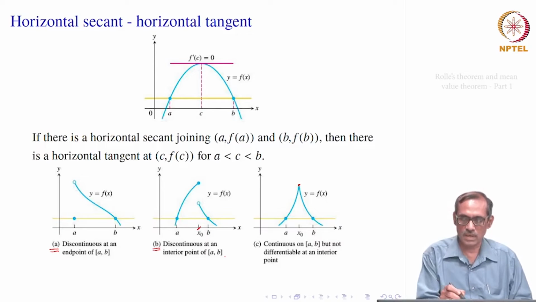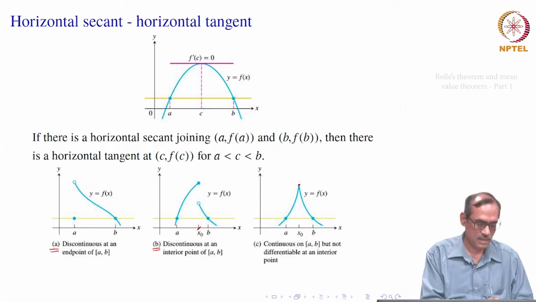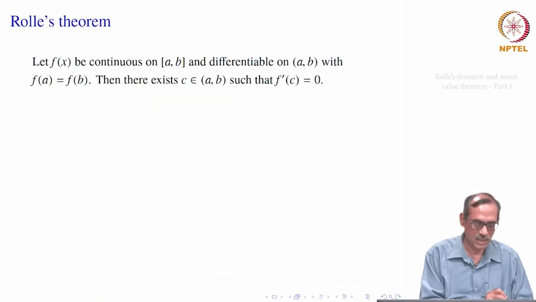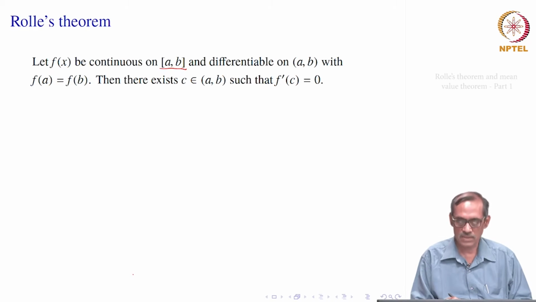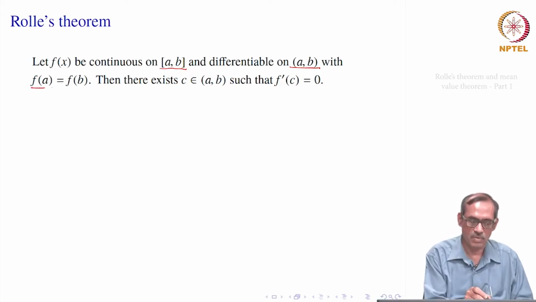So, the conditions or the hypotheses in the result that we are going to formulate are very important. So, let us formulate it and see how it looks. It says that f of x is a continuous function on the closed interval a b, and f of x is differentiable on the open interval a b, and f of a equal to f of b.